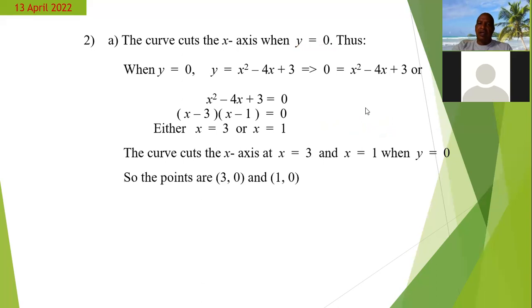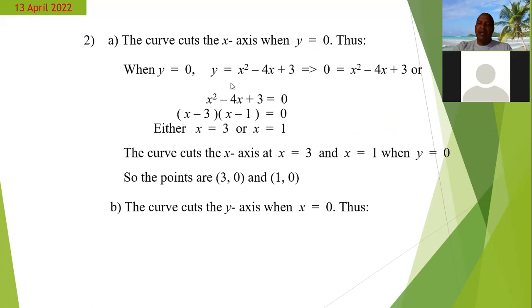All right, so these are the 2 points where it cuts the x-axis. Now we need to find where it cuts the y-axis. And the curve cuts the y-axis when x is equal to 0. So in the y equation up here, we're going to put x equal to 0. So here we would put 0 here, so we will get 0 squared.